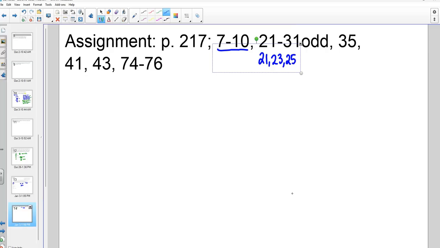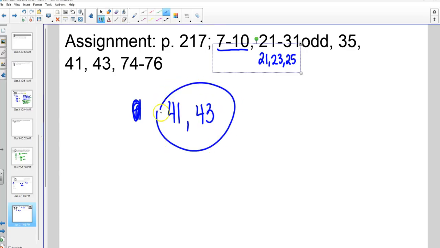Oh, I think let's do 41 and 43 right now, while I'm checking the homework. Okay, try 41 and 43 while I'm checking that homework.